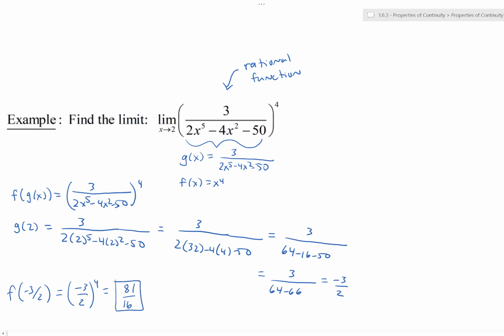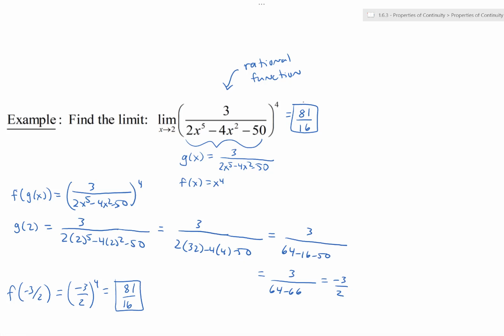That function is also continuous because it's a power function at negative 3/2, and thus the limit is equal to 81 over 16, because of the property we just stated: as long as the inner function is continuous at the input value of x and the outer function is continuous at that output, then we are continuous there, which means it has to be equal to the output value of the function, because that is the implication of continuity.